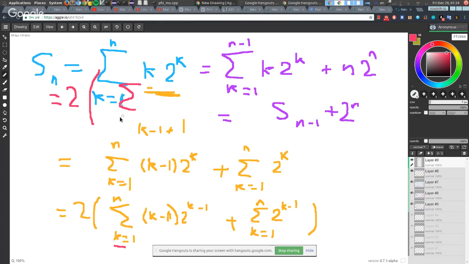So here this same expression is basically equal to 2 with the summation k equal to 0 and minus 1, k to the power k.